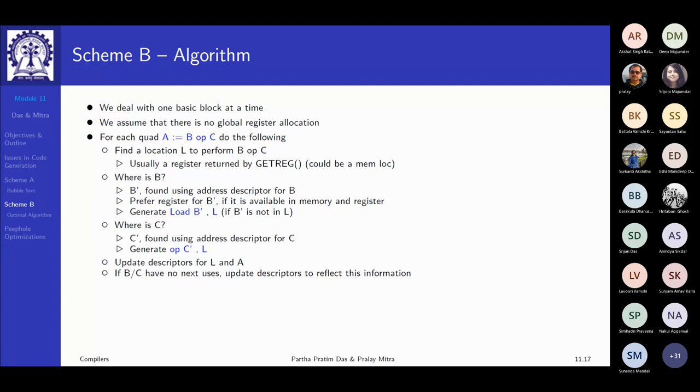Next use we already have, because that will make it simpler for the getReg function to give us a register. So if the getReg function can give us the target location where the computation has to go, then this will be the simple strategy to generate the code.